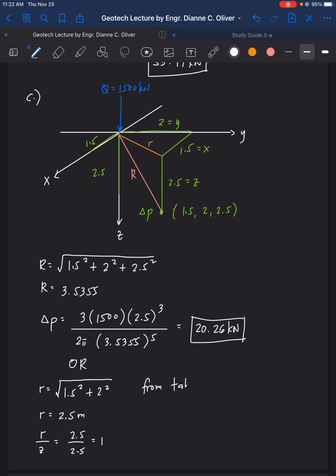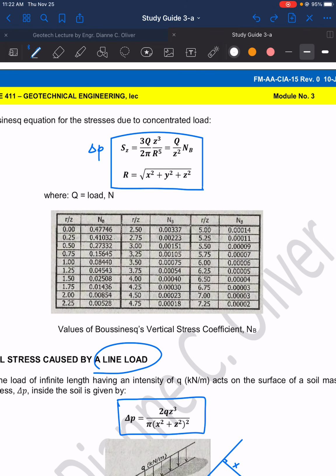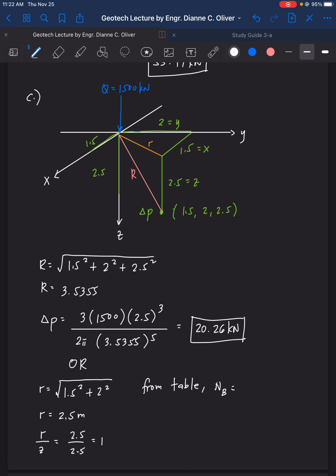From the table, if our r over z is equal to 1, our N sub B is 0.08440.